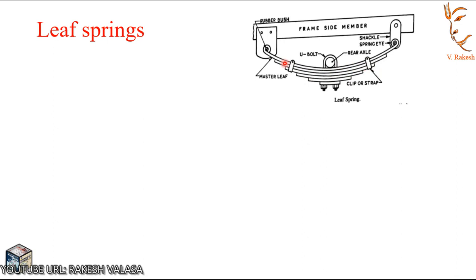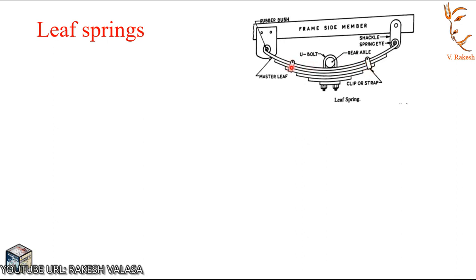The spring assembly consists of a main leaf which extends to the full length of the spring. The ends of the main leaf are formed with loops, also known as eyes. The other leaves in the spring are attached to the main leaf by means of a center bolt and clamps.